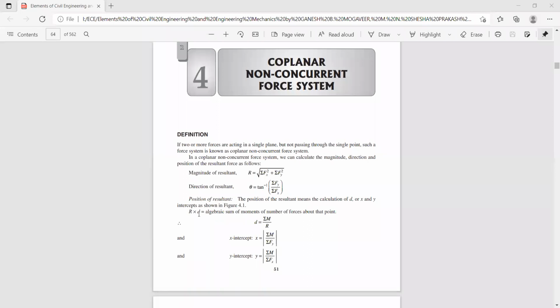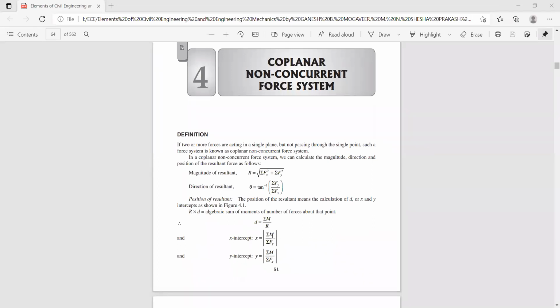On the left hand side, you know the value of the resultant, and we need to find the position of the resultant, that is the distance. On the right hand side, you know the sum of moments of all the forces with respect to the given point. So thereby you can find the unknown, that is d is equal to sigma M divided by R. You can also find the x-intercept value and y-intercept value.